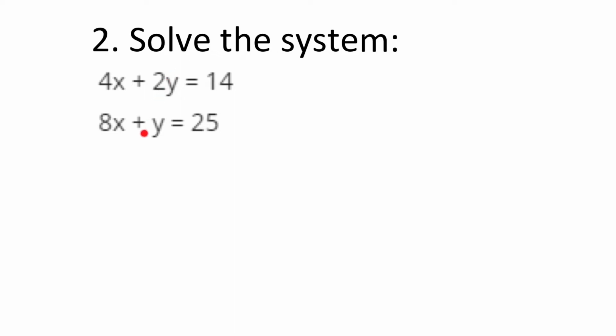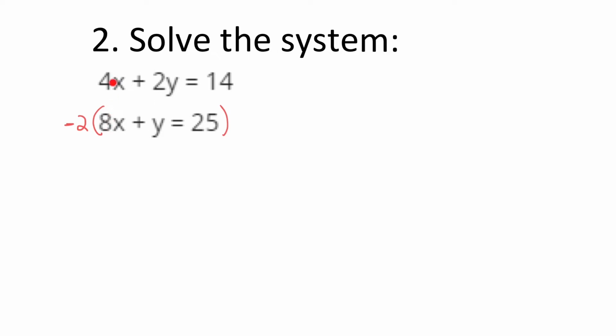Now to use the elimination method, we need the same coefficient, same number, and opposite signs. So I need to change this y somehow so I can have the same number as the top y and the opposite sign. So all we have to do is multiply the bottom equation by a -2. That is how you're going to get the same number for the y and opposite sign.